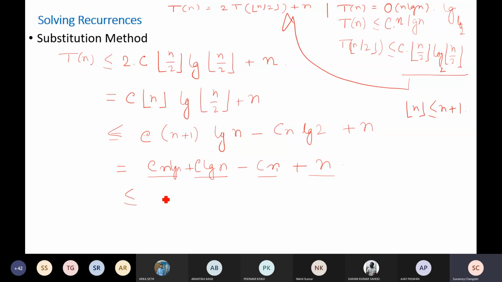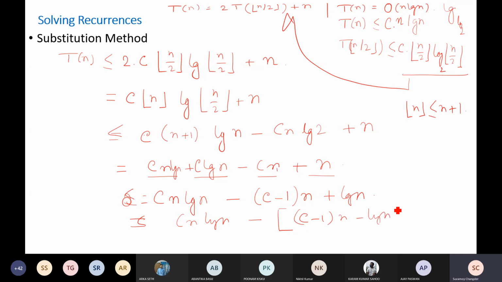So we can write this is less than or equal to Cn log n minus (C minus 1) into n minus log of n. If I make any mistakes, please let me know.